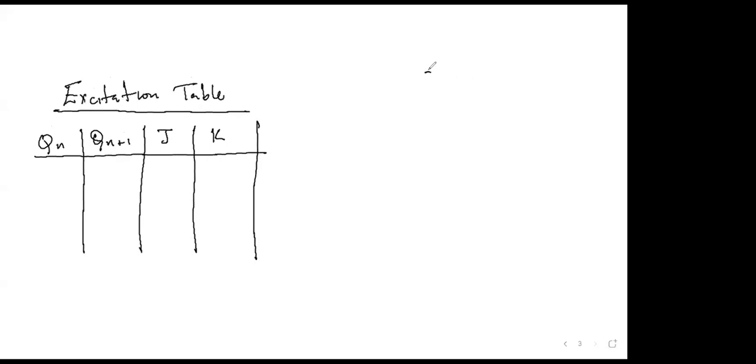And then let me put back the characteristic table up here: J, K, Q n plus 1, 0, 0, 1.